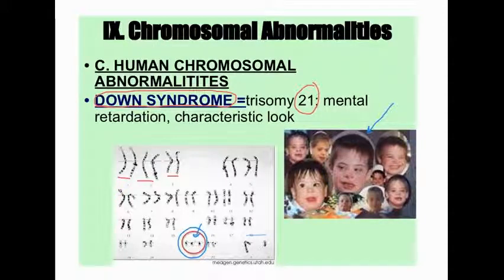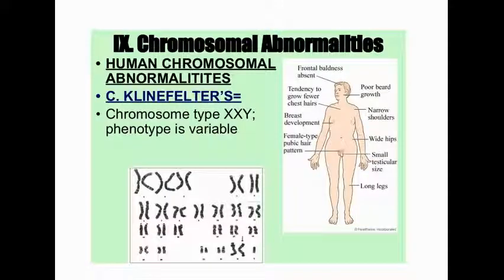And let's see if you could tell me, is that a boy or a girl? If you said it's a boy, good job. Because they got the X chromosome and they got the little baby Y. And here's another thing that can happen from non-disjunction. Remember, non-disjunction. That's what causes this. This is called Klinefelter's Syndrome.